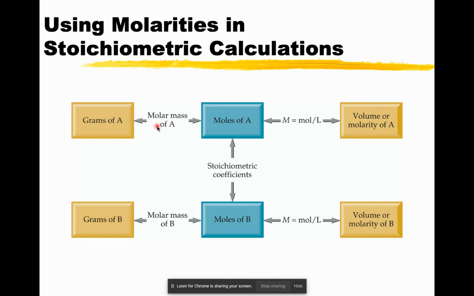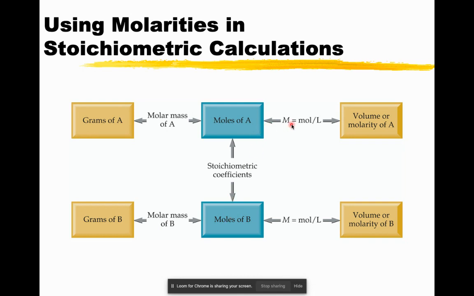We use the molar mass of A to convert it into moles of A, and we use the stoichiometric coefficients found in a balanced chemical equation to convert moles of A into moles of B. After that, if we want to get the grams of B, we'll have to use the molar mass of B. But where do we insert molarity?